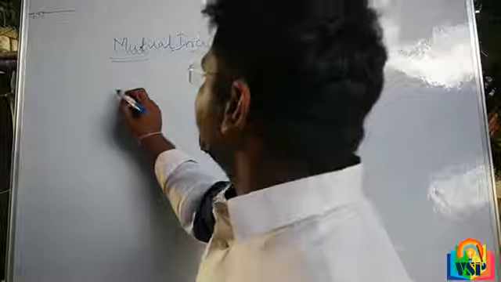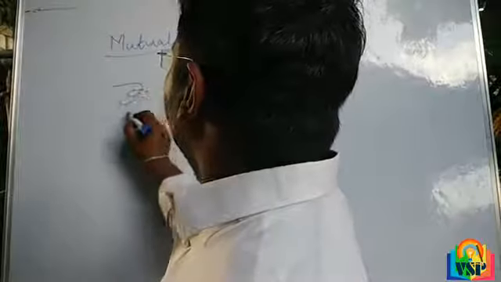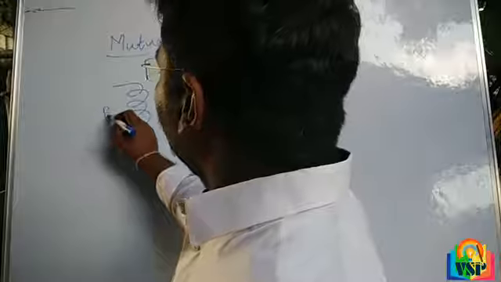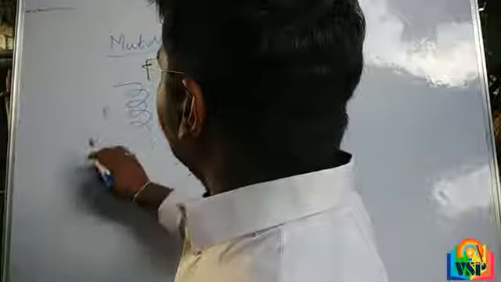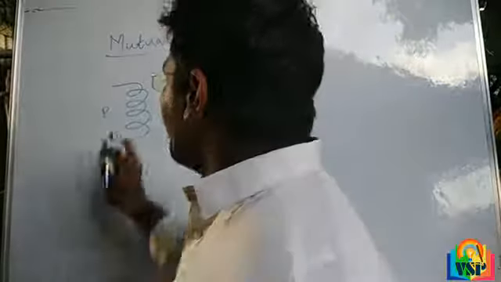Consider two coils. This is primary, say P1. The current passing through it is I1. Number of turns is N1. And consider another coil. This is secondary. N2 is the number of turns in the secondary coil.